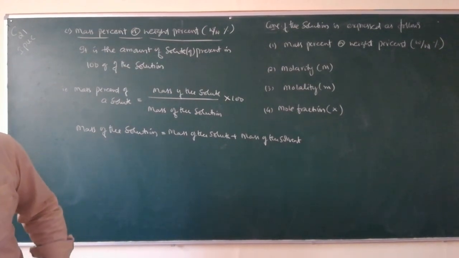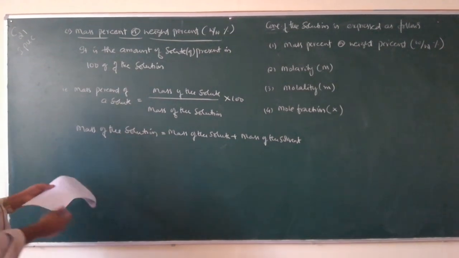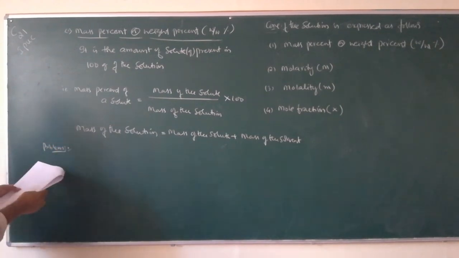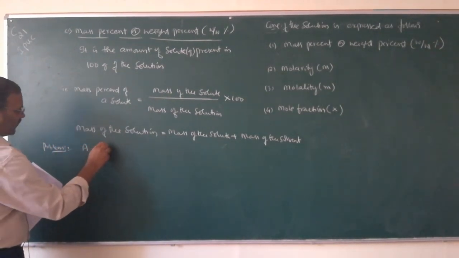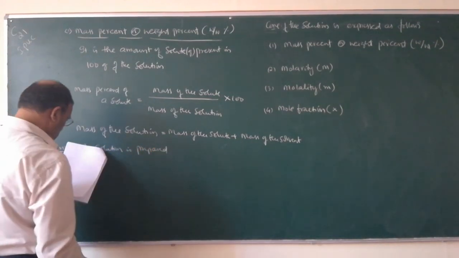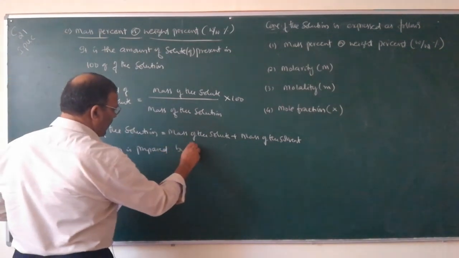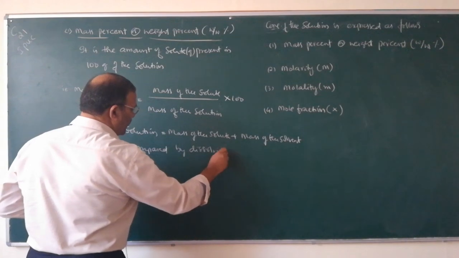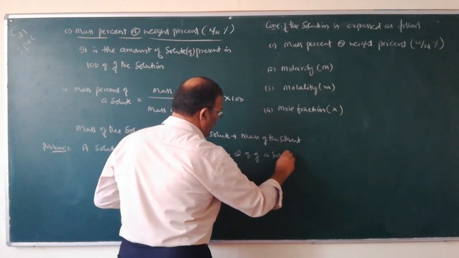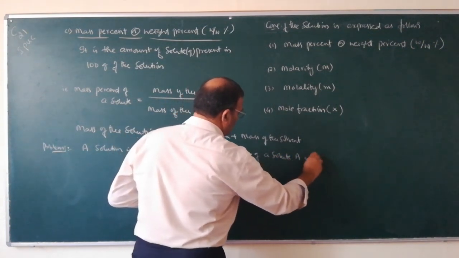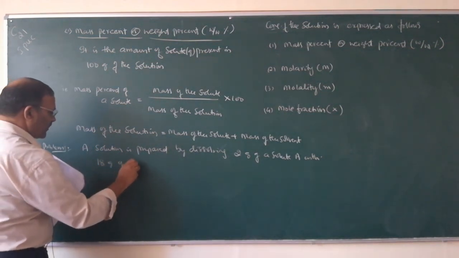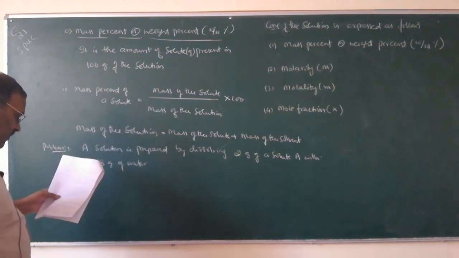Example, write down this problem. A solution is prepared by dissolving 2 gram of a solute A with 18 gram of water.